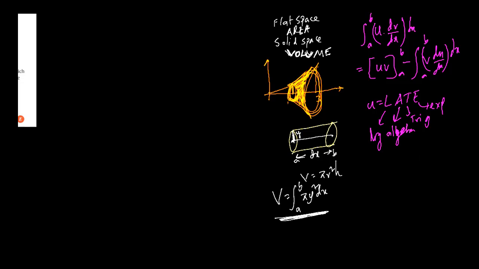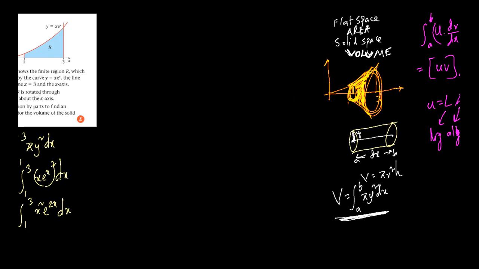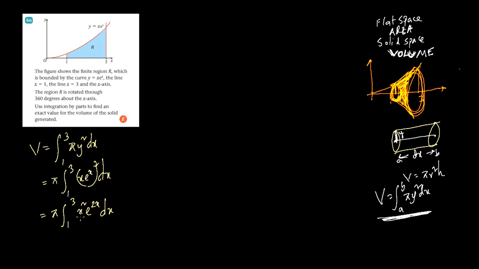So in our sum, if you take a look at that, LATE, exponential is at the end, E, and A is algebra, so u has to be this. So let's start the sum.